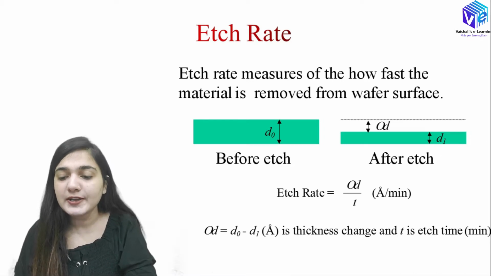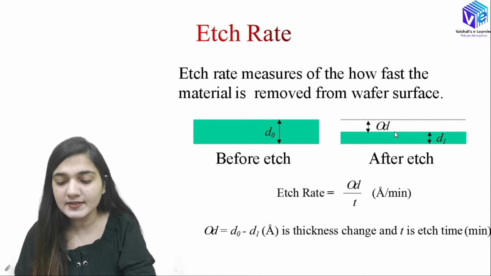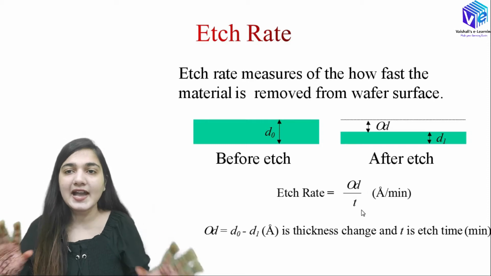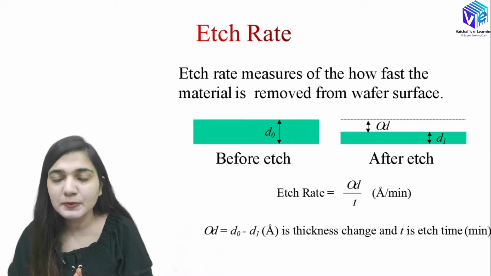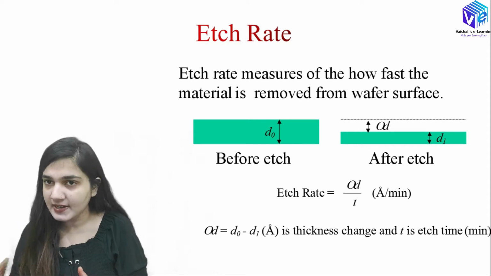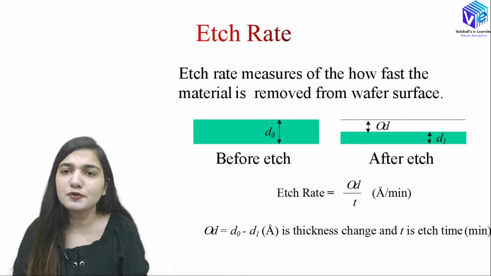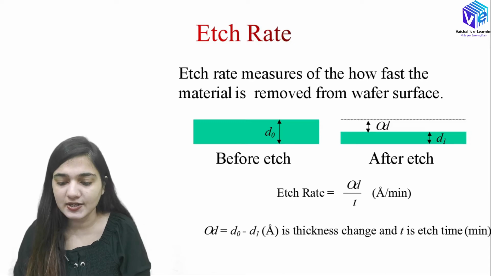So what is ΔD? ΔD can be found by subtracting D1 from D0, so ΔD is equal to D0 minus D1. I put D0 minus D1 here and divide it by time, because I know my initial depth and my final depth after etching. I can use both of them and find out the etch rate.